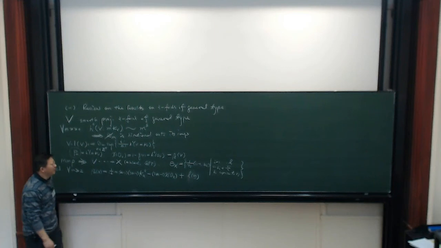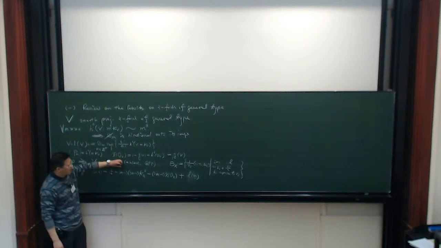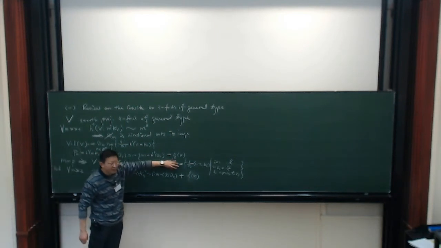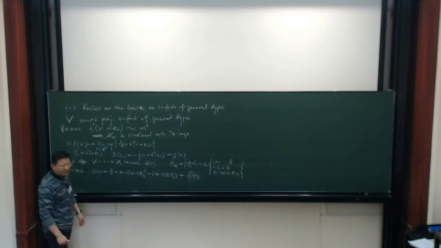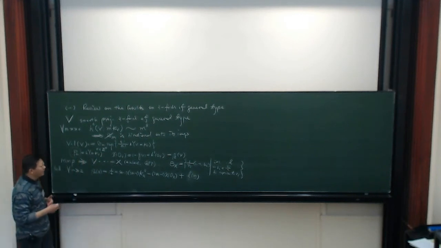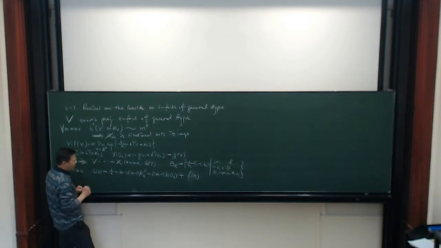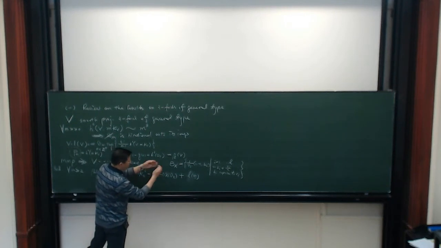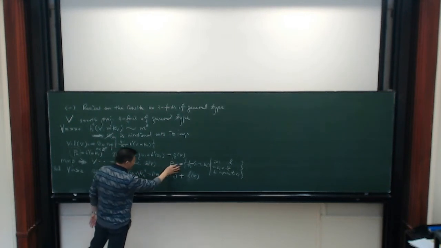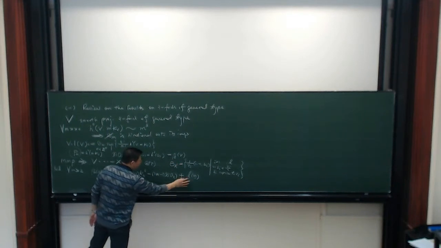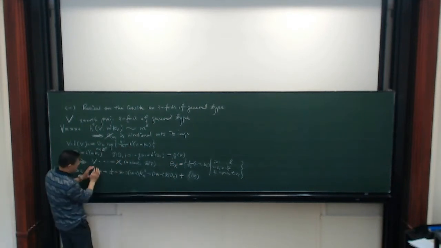This doesn't mean that the minimal model has this type of singularity. It's something virtual, just for calculating the plurigenus.